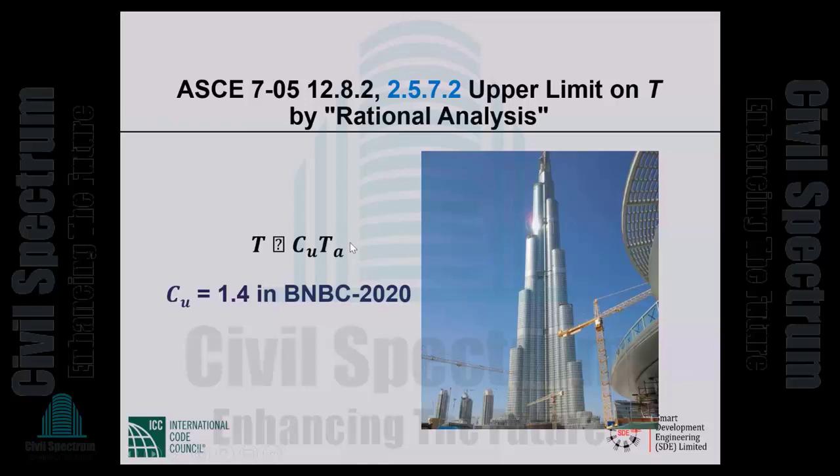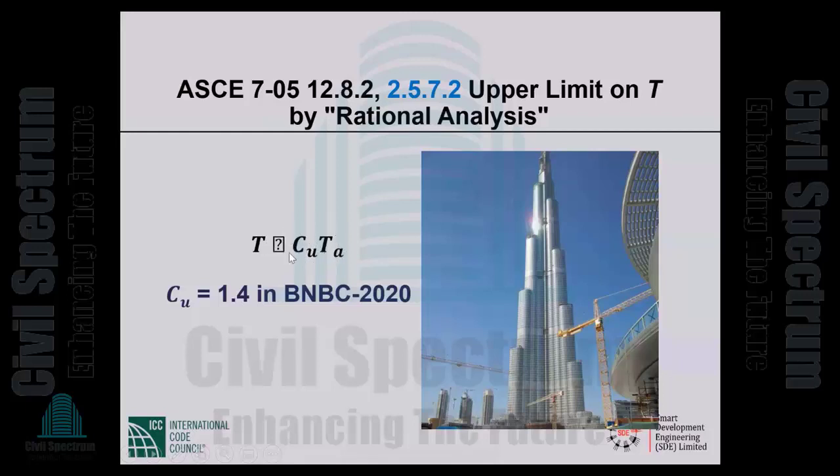Remember, rationally computed period cannot be taken any larger than a multiplier times the approximate period. Okay, so in ASCE 7-05, rationally computed period shall be less than or equal to a multiplier C_u times the approximate period.